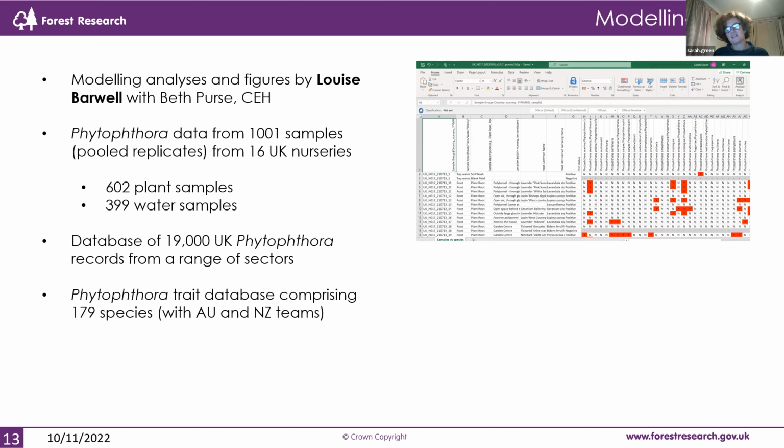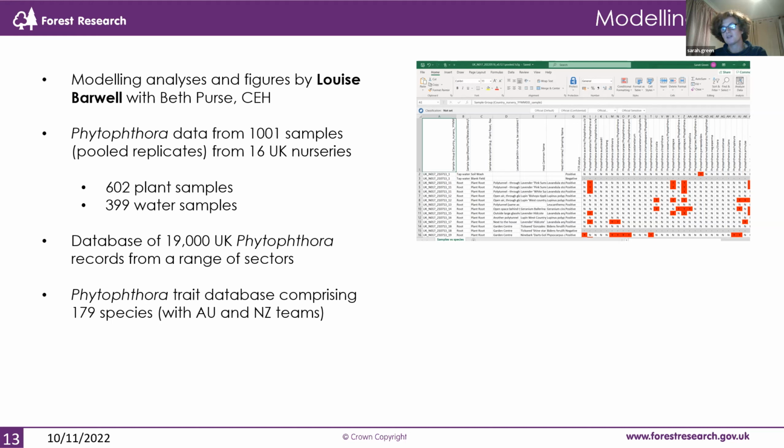And then because there's an interest in Phytophthora biological and ecological traits, and how that might affect their ability to spread and establish, a database of Phytophthora traits has been developed by Louise and Beth, but also in collaboration with teams in Australia and New Zealand.